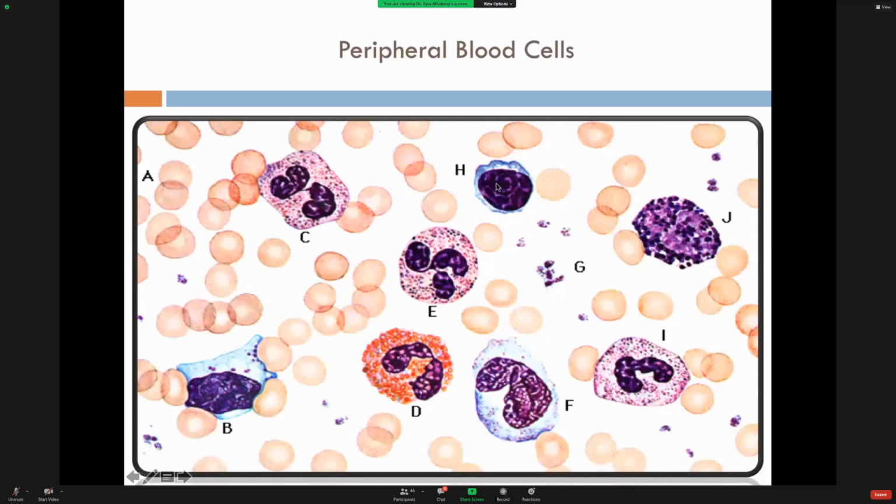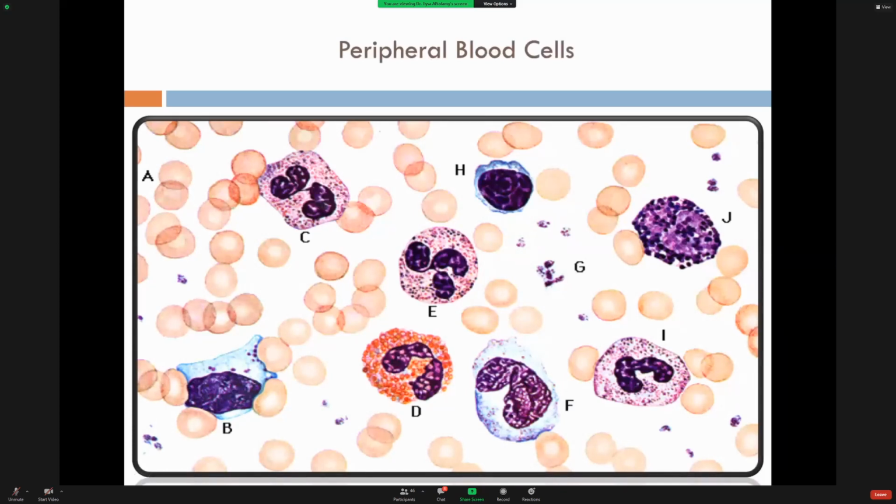Here the lymphocyte. Lymphocytes. This is a kissing lymphocyte. Reactive. Reactive. This is eosinophilic. What is this?